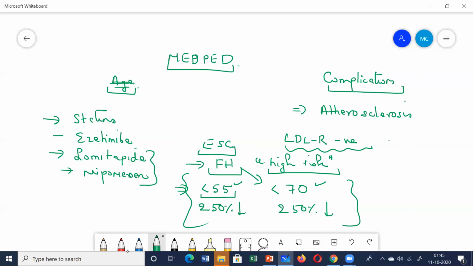So instead of these, you can also use the PCSK9 inhibitors, which are also very potent in lowering the cholesterol. And if still nothing works, you can go for LDL apheresis. In the PCSK9 inhibitors, you have drugs like evolocumab and alirocumab. Okay, so this is all about the treatment.